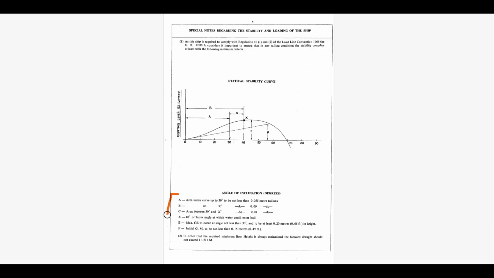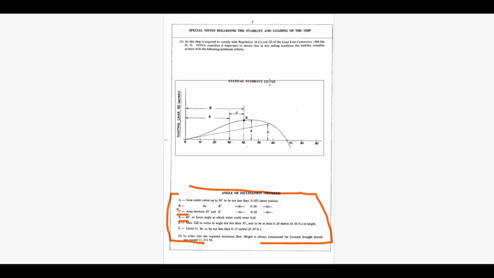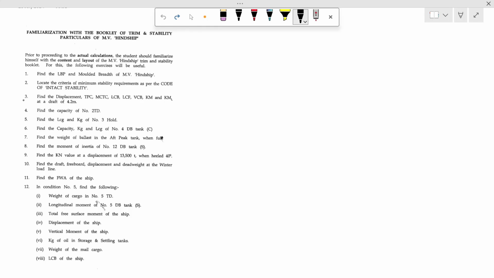That is given here: A, area under the curve up to 30 degrees not less than 0.055 meter radians, B, C and D. So this is the intact stability criteria for this ship. Here they have also given the graph for the stability curve. Now let's move to question number 3: find the displacement, TPC, MCTC, LCB, LCF, VCB, KM, KML at a draft of 4.2 meters.